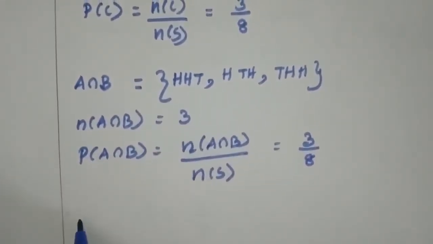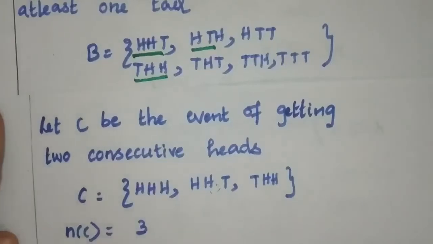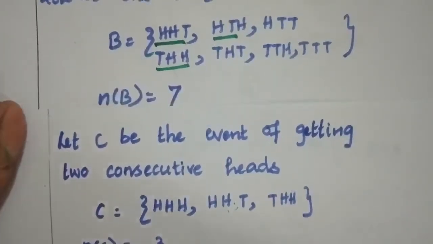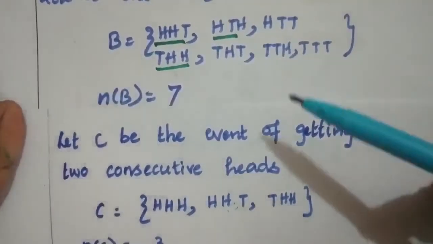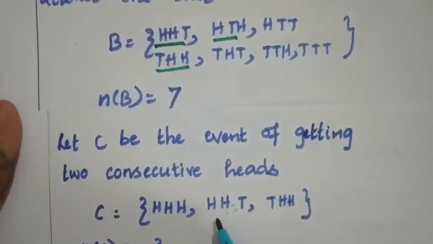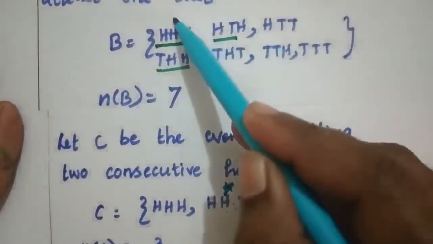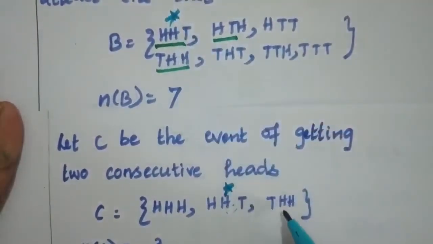Next we have to find the sample points that are common between B and C. The sample points common between B and C are HHT, then the next one is THH.